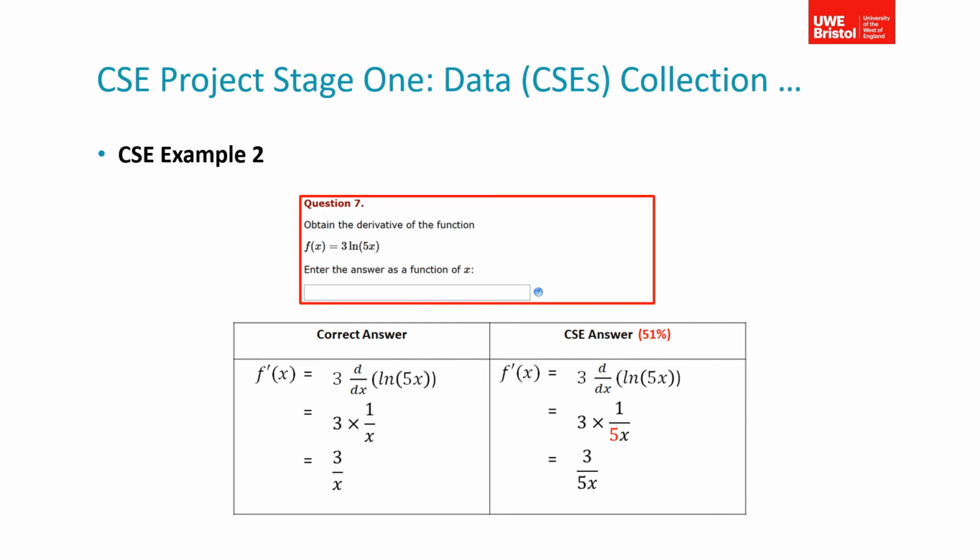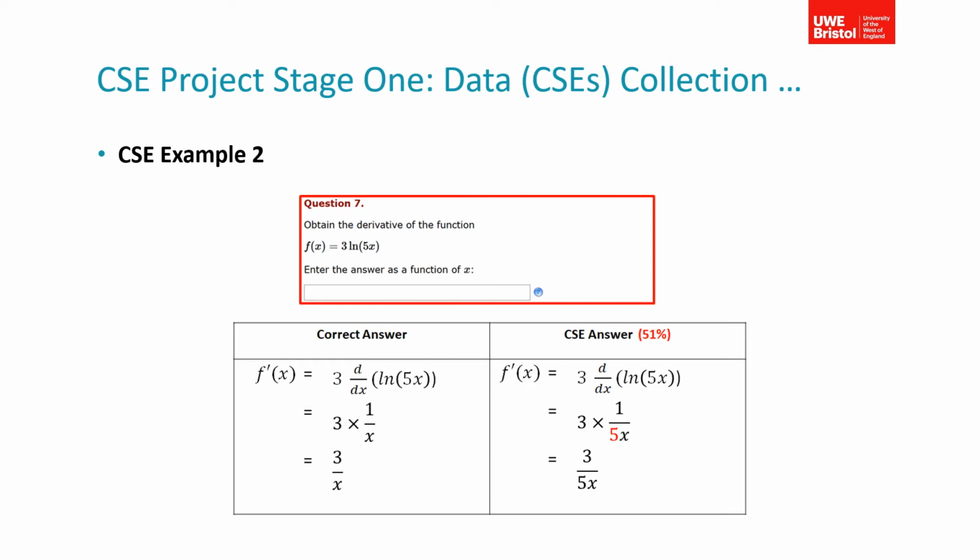The next example is related to differentiation. The correct answer to this question is 3/x. However, 51 students who got the answer incorrect put the answer as 3/5x. Their rough work showed that the misconception behind this error was to take the differential of ln 5x to be 1/5x.